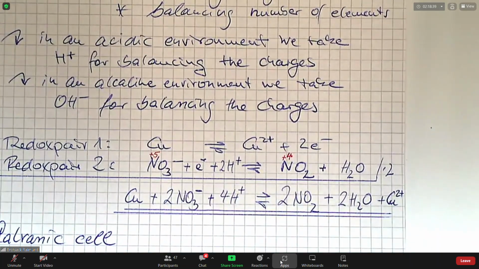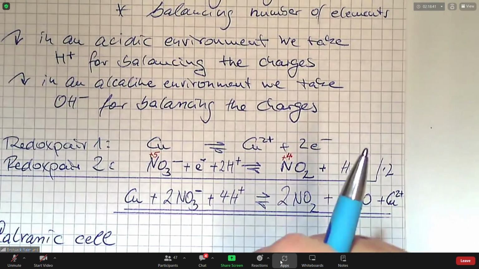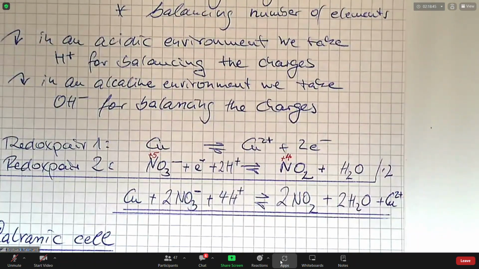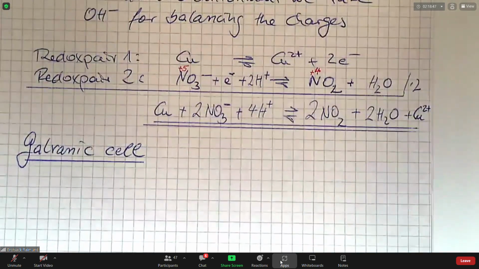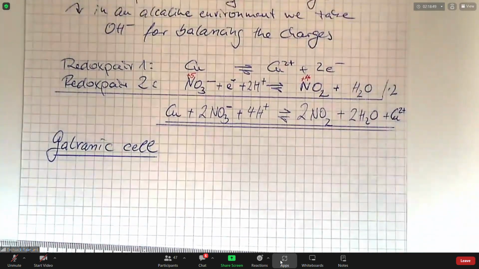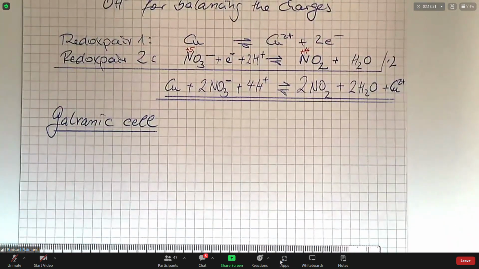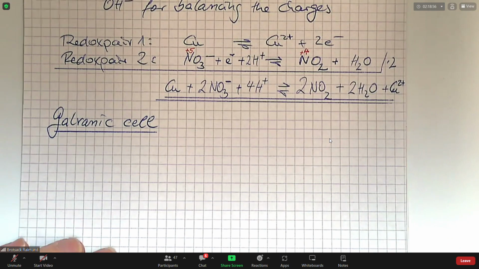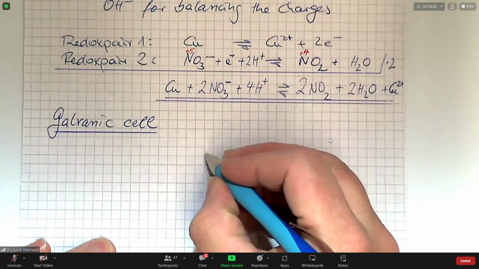The galvanic cell. Well, let's draw a figure. We have a beaker.